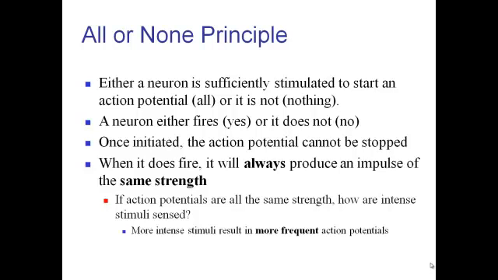Well, the more intense the stimulus, the more frequent the action potentials. While you cannot have one neuron firing strongly, you can have multiple neurons firing in sequence. And in this case, you're going to have the strong effects from it, to deal with intense stimuli.